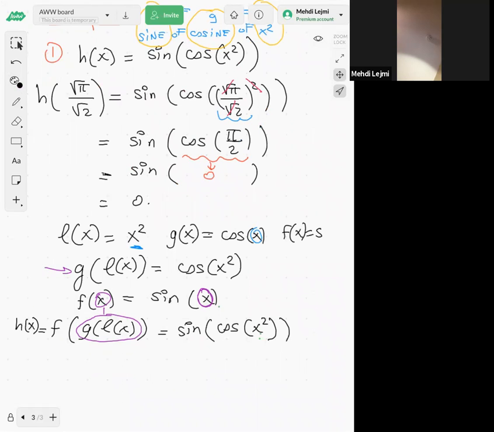Okay, so here's an exercise, guys. I'm going to give you some functions, and you have to write the functions as a composition of 3 functions. So exercise.